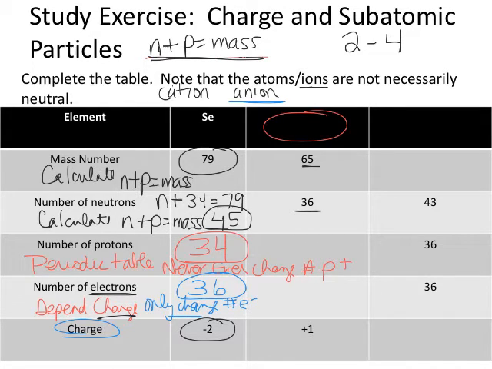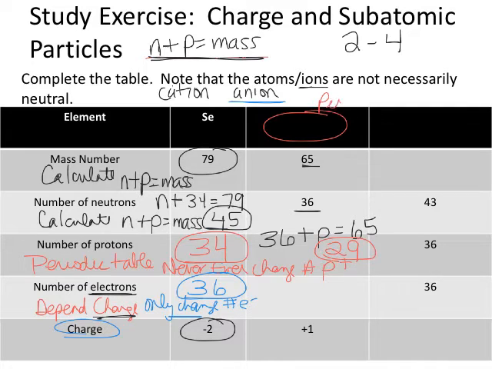We put in 36 neutrons plus P equals our mass, 65. So when you do 65 minus 36, you get 29 protons.